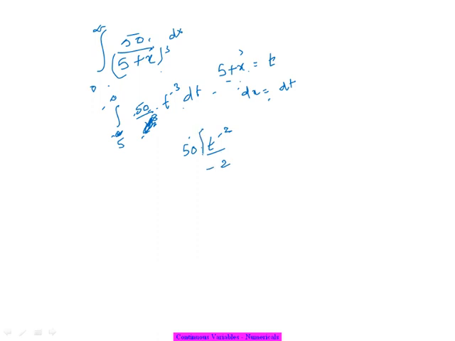This I will integrate between infinity and 5. So minus 25 into infinity I will ignore, into minus 5 power minus 2, which is 1 by 25, which is coming out to 1.